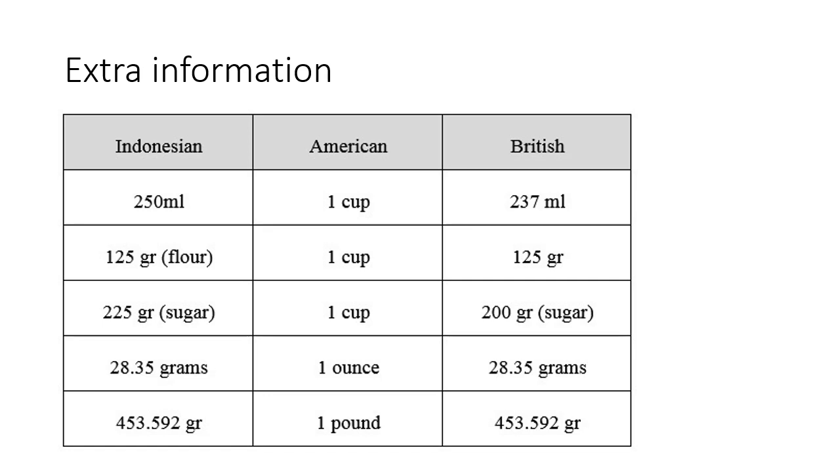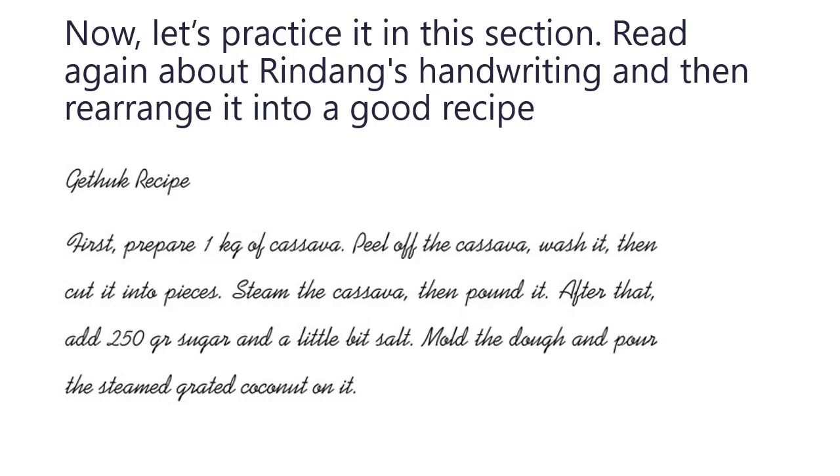Right? Okay. Last one. Now, let us practice in this section. Read again about Rindang's handwriting and then rearrange it into a good recipe. Right? Ini adalah penulisan dari si Rindang. Getuk recipe. Yang tadi, yang di atas. But this is not a good writing yet.